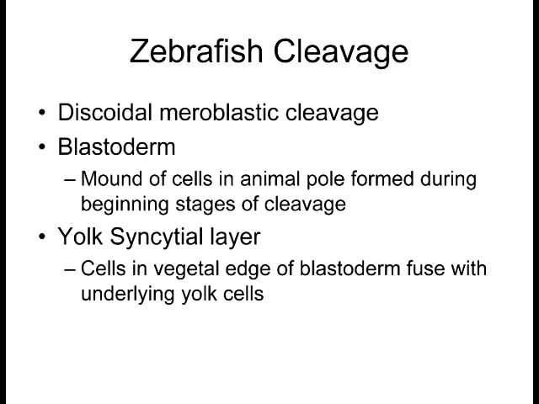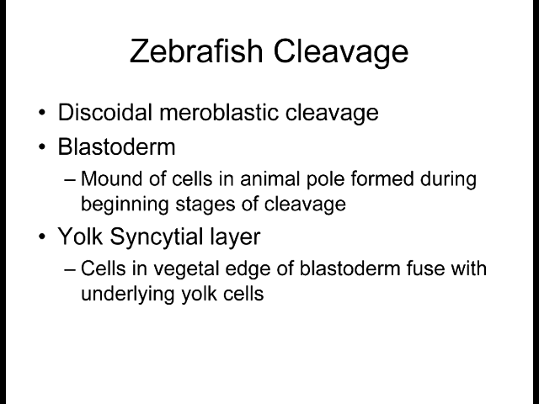All right, zebrafish. It's discoidal, just like Xenopus, but it's meroblastic, which means what? Part of it. Meroblastic is just part of the embryo. As we've talked about in the first parts of fertilization, the actin filaments will squeeze the animal pole, forming a blastodisc, and this is where cleavage is going to occur. It's going to start forming this mound of cells on the animal pole above the yolk.